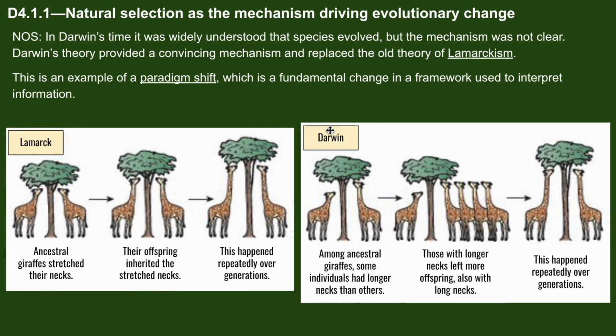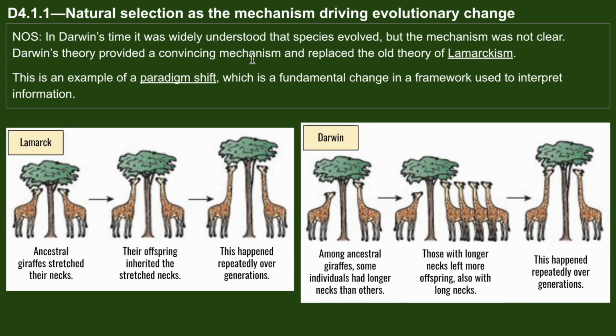Instead, through the mechanism of natural selection, there are going to be some giraffes with variations that are taller and have longer necks than others. Those with longer necks that are more successful in being able to eat enough food can therefore produce more offspring. And over time, we end up with giraffes with longer and longer necks.